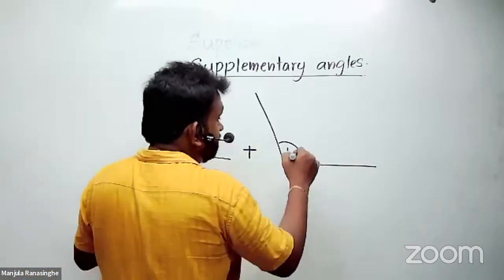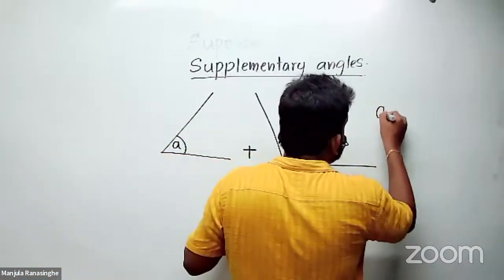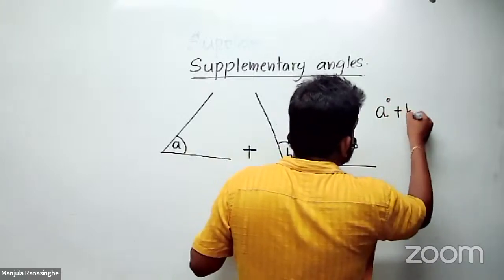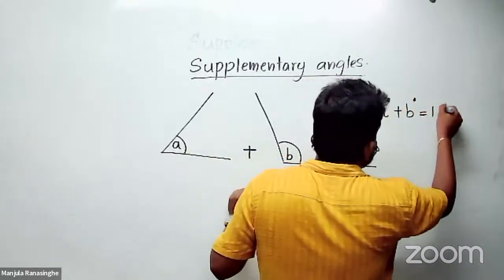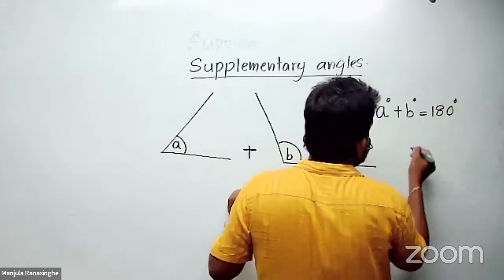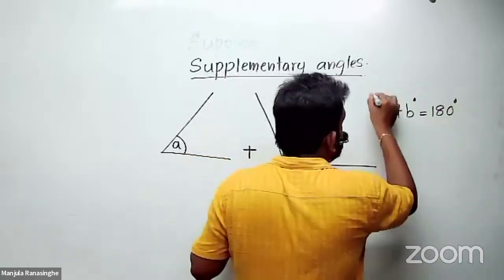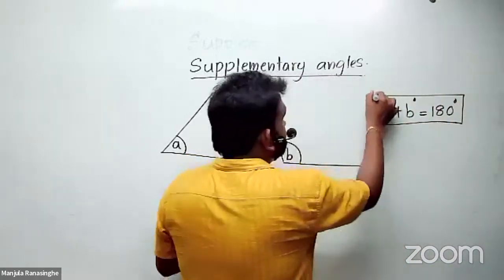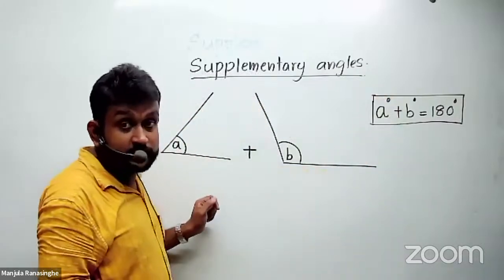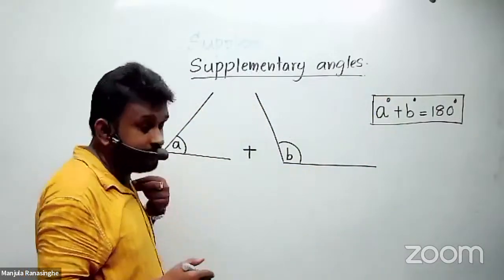If I add angle A plus angle B and they become 180 degree, they are supplementary angles.